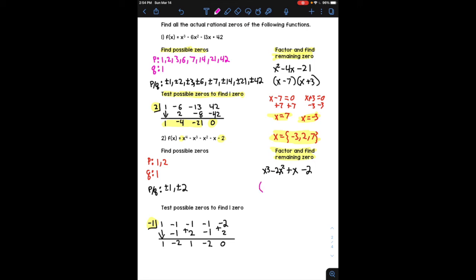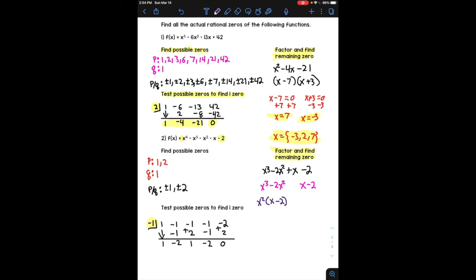It would be grouping, in which my first group will be the x cubed minus 2x squared, and the second group being x minus 2. The first group has a GCF of x squared. When factoring out, we'll have x minus 2.